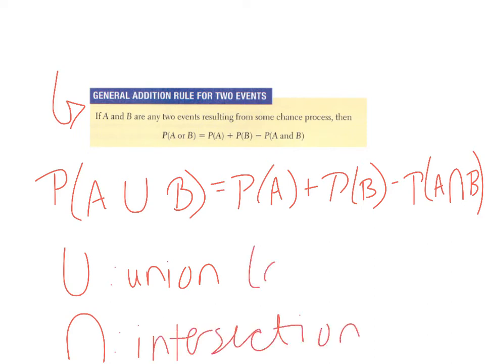So this one is or, and this one is and. You'll see those symbols on your formula chart, as opposed to it written out like this: the probability of A or B equals the probability of A plus the probability of B minus the probability of A and B.